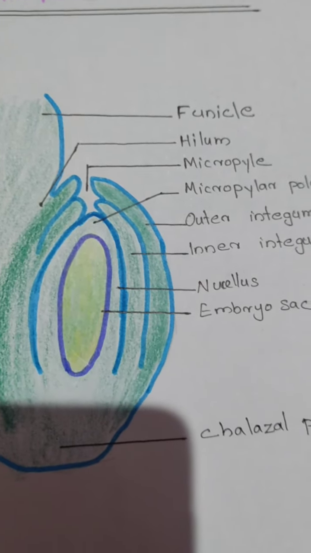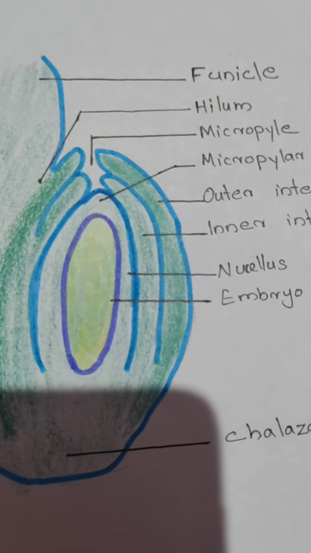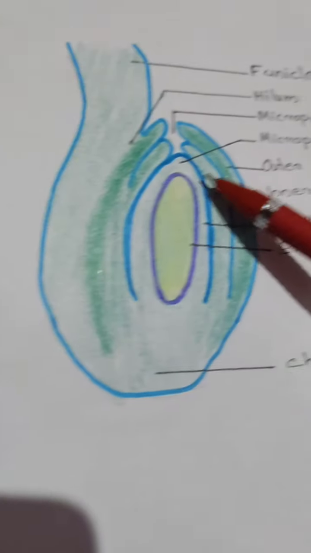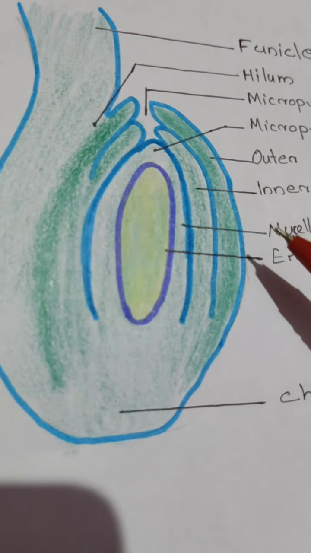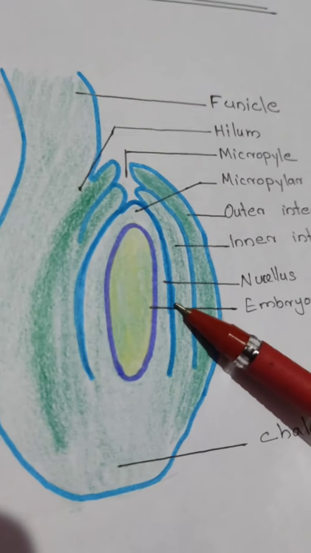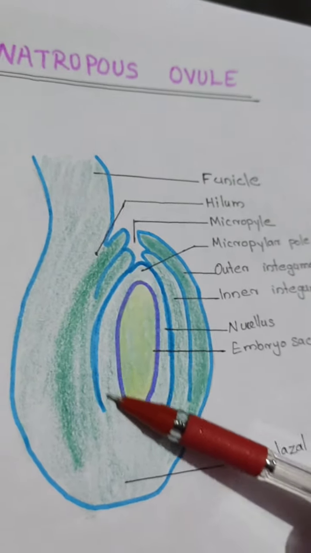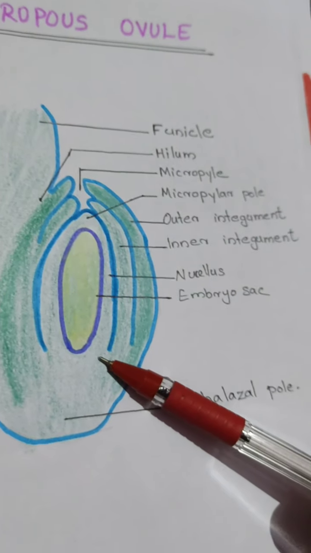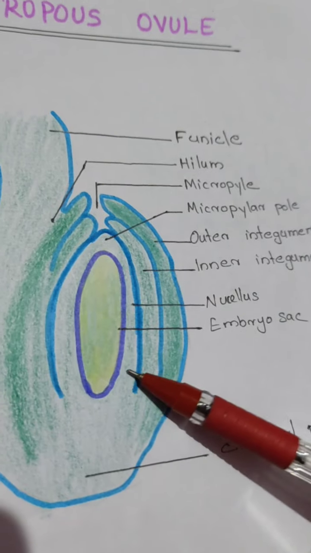Enclosed within the integuments, there is a mass of cells called nucellus. Its cells contain reserve food materials.